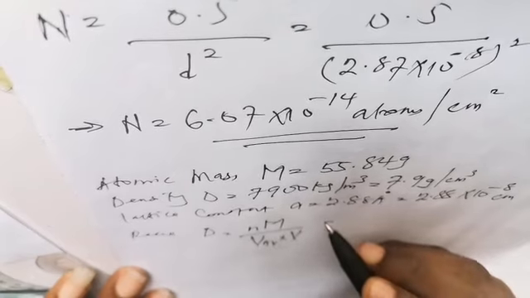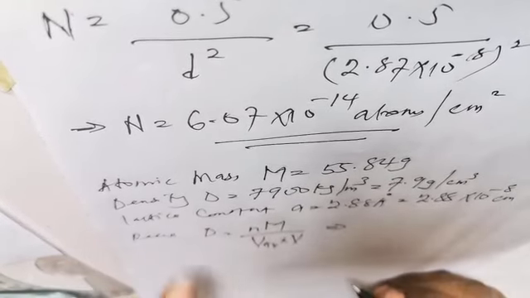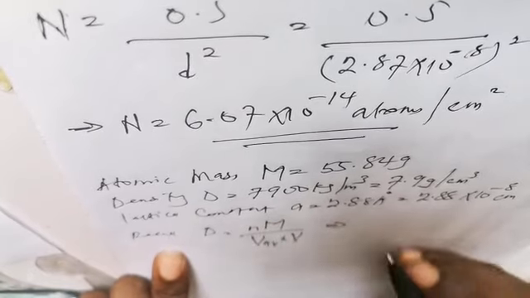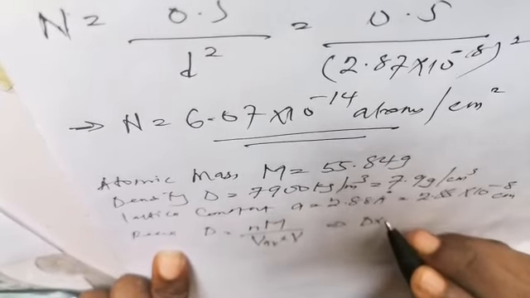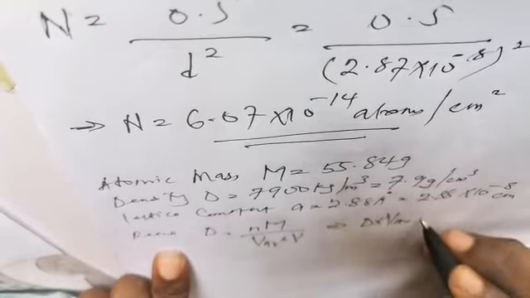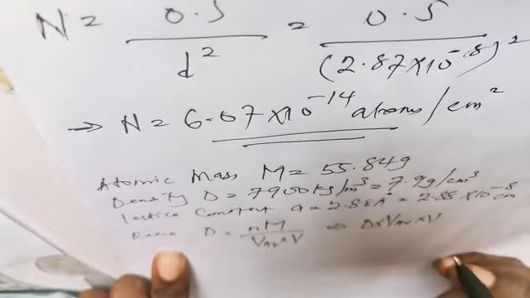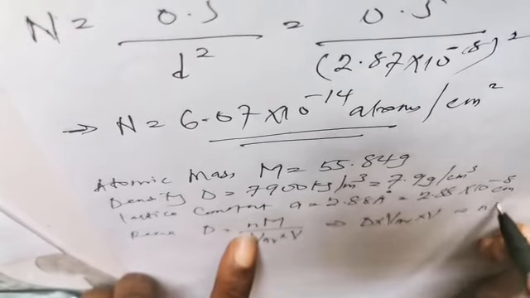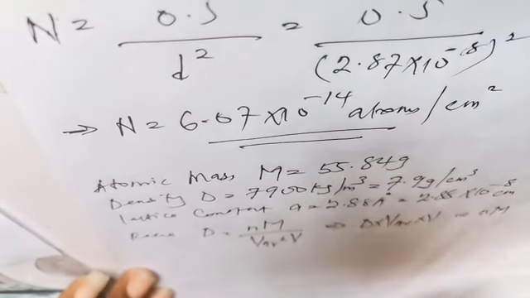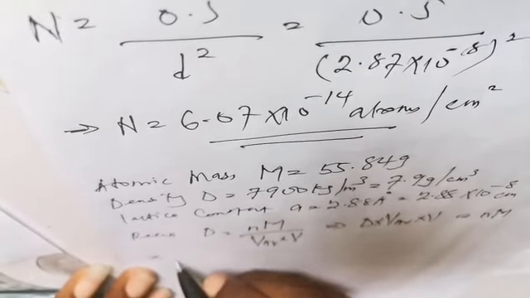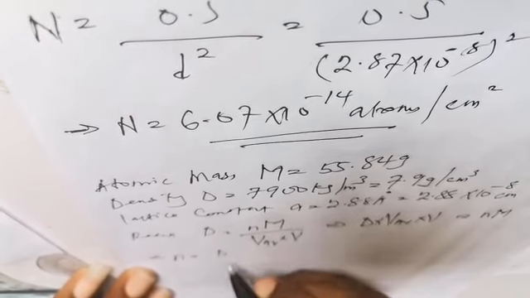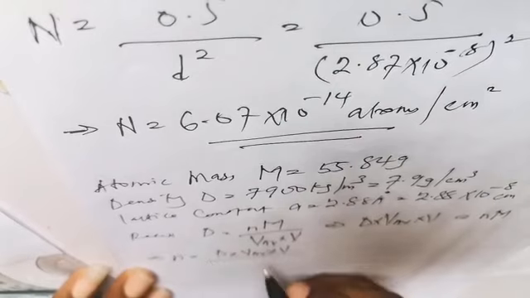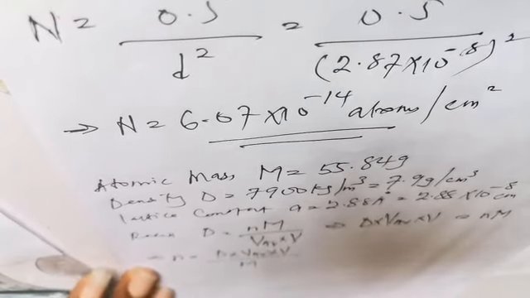To make n the subject, you cross multiply: density times Avogadro's number times volume equals n times M. So the number of atoms becomes density times Avogadro's number times volume all over atomic weight.